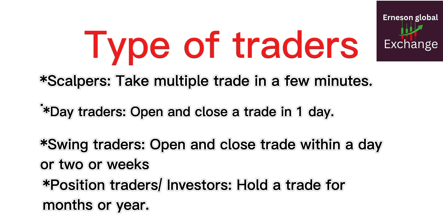Some persons even hold a position for a year. These are the real investors in the crypto world. Say you bought an asset last year at a low value, you can sell it next year when the value is 100 times more, even.